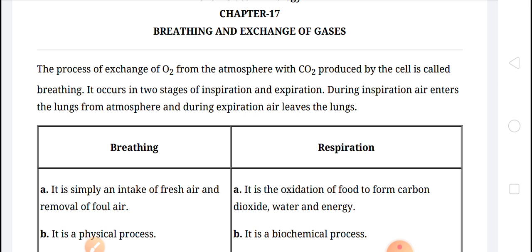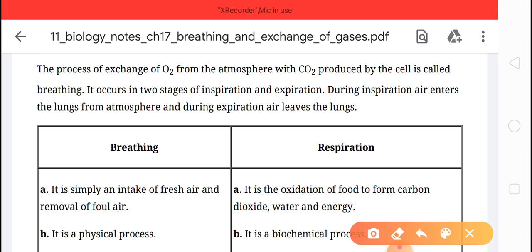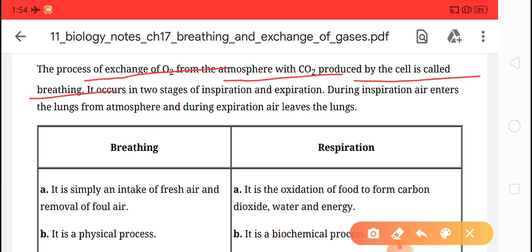So as you see on your screen, the process of exchange of oxygen from the atmosphere with carbon dioxide produced by cells is called breathing. It occurs in two stages, that is inspiration and expiration.